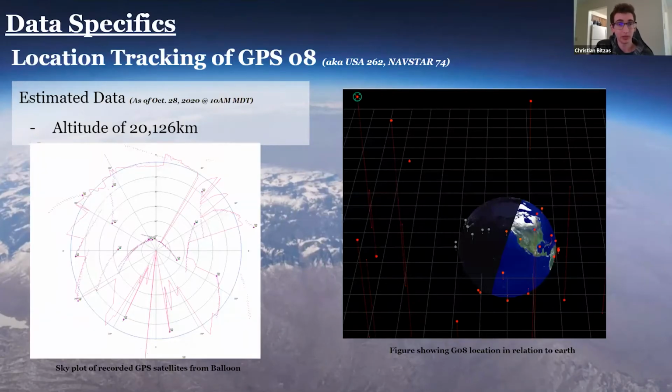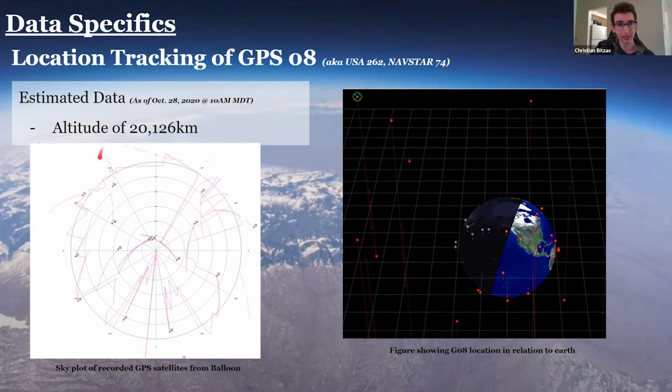So what data did we collect? When you do radio occultation, you pick a specific satellite, one that either rises or falls over the horizon. In our data, we saw that G08, which is also known as USA 262, Navstar 74, and there's a couple other names for it, was occulting over the horizon.